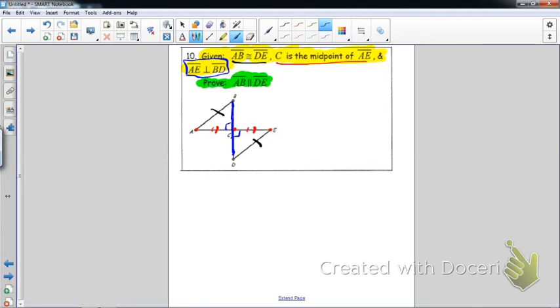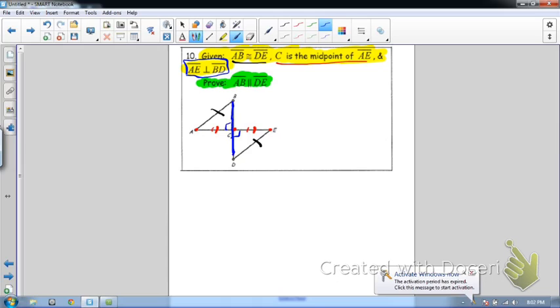Okay, so far look at what we have. We have really good information here to be able to determine what type of triangles we have here. So let's break it down and look at what we can say. We have to really think about it. We can't just jump in there and say, oh, I know that they are congruent because of the picture itself. You can't just go ahead and say that.